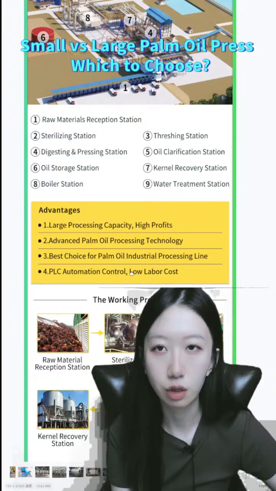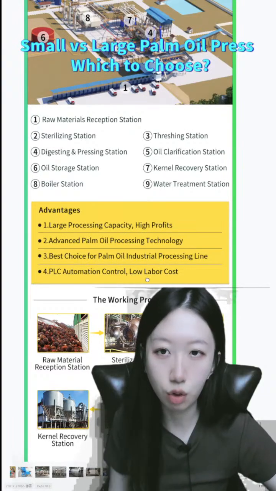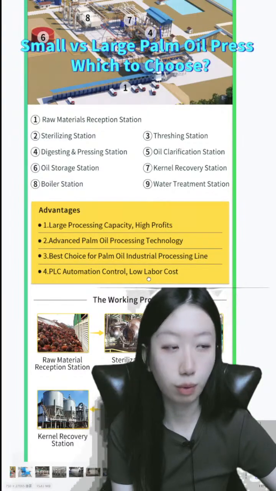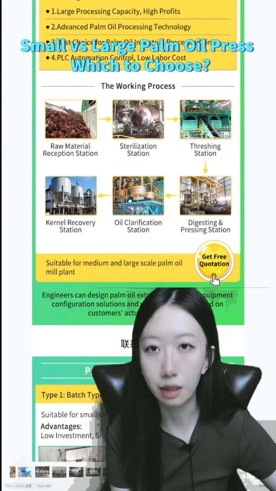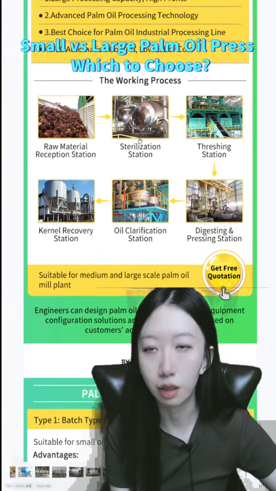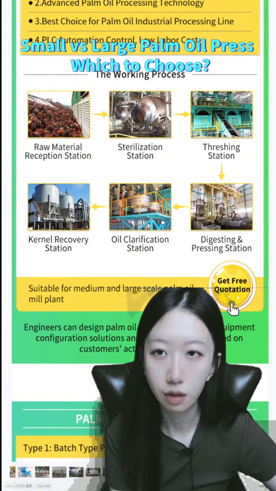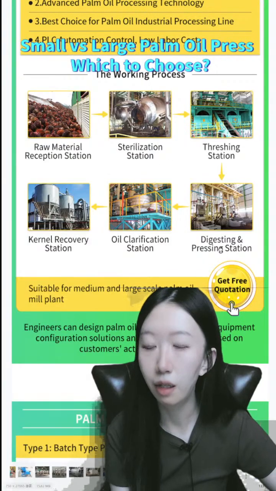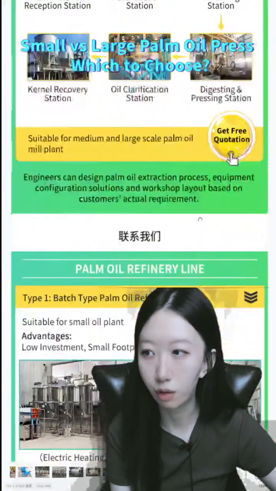So you don't need more workers to control it, which saves you labor cost. You could see the machine is different, and the pipeline will be more complex than before.